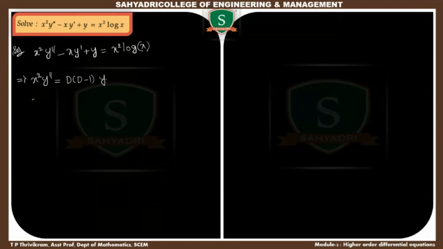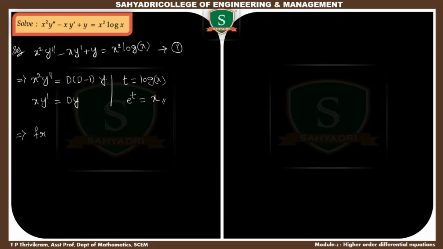Similarly, xy dash can be written as Dy. Substitutions are t is equal to log x, e power t is equal to x. So substitute it in equation 1.